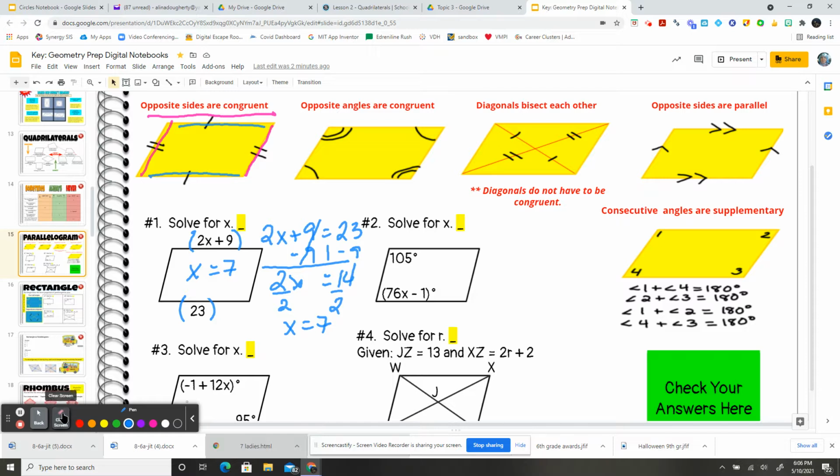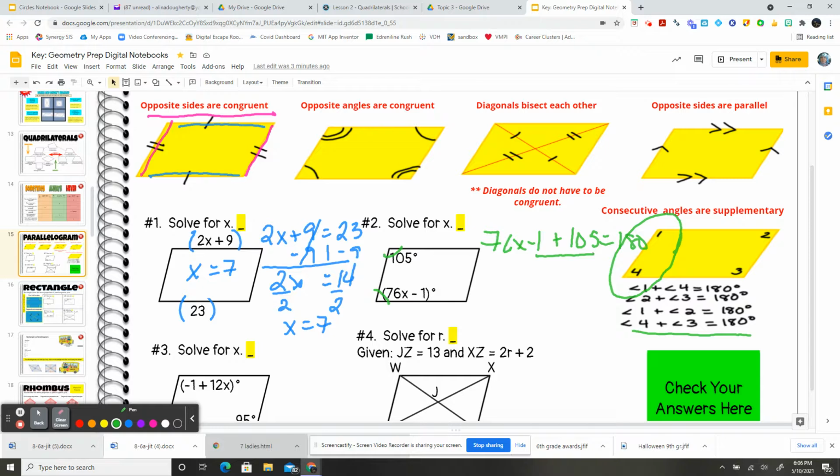In the next problem, we've got these consecutive angles. So consecutive angles means there's one acute angle, one small angle, and one obtuse angle. That means that these consecutive angles are going to be supplementary. They're going to add up to 180 degrees. The acute angle, which is 76x minus 1, plus the obtuse angle, 105, is going to equal 180.